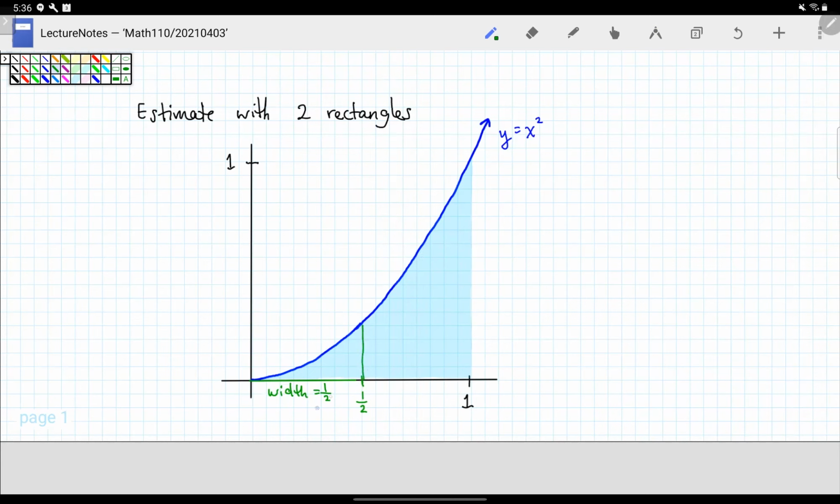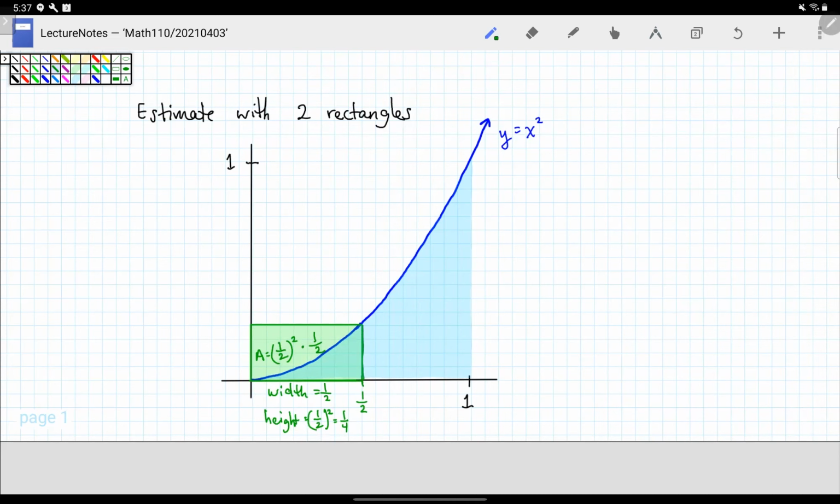So for this first rectangle, the curve is y equals x squared, so the height is going to be 1/2 squared, and that rectangle is going to be this big. So that area is 1/2 squared, that's the height, times 1/2, the width.